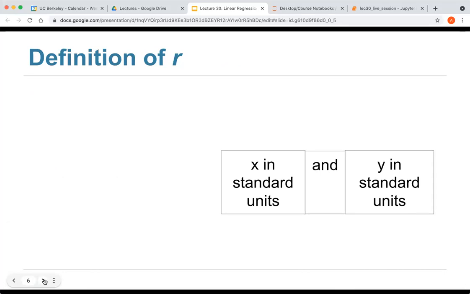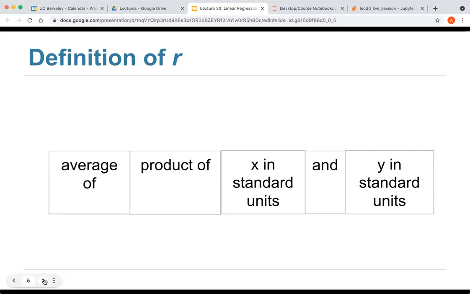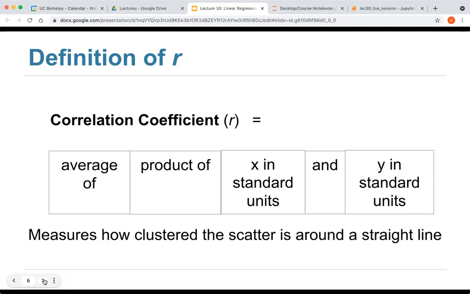That is a signal that we can work in standard units. The exact units of measurement don't matter. So we'll work in standard units. And it turns out that if you multiply these, and we went over a reason for that last time, and take the average of the products, then that gives you your correlation. And once again, this measures how clustered the scatter diagram is around a straight line.